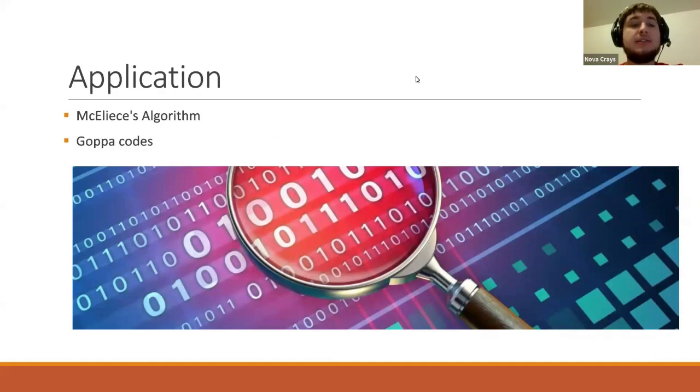Some applications: McEliece's algorithm is probably the biggest application of code-based cryptography. It has originally been looked over because of its large keys and because there wasn't really a need for quantum safe cryptography at the time.